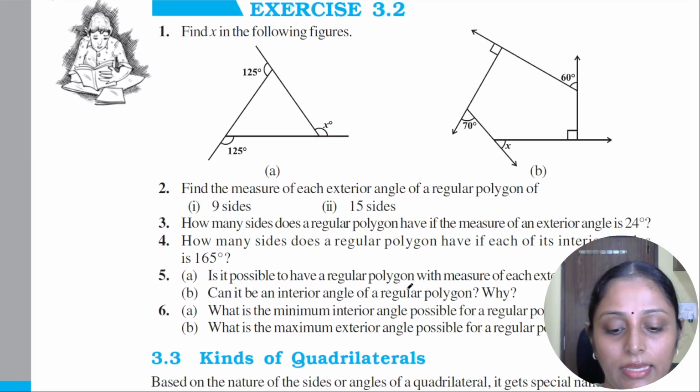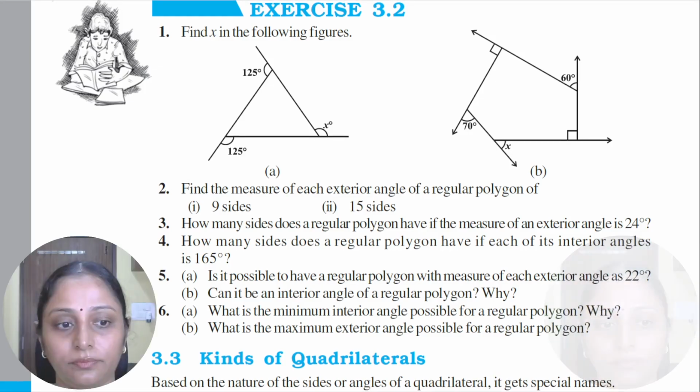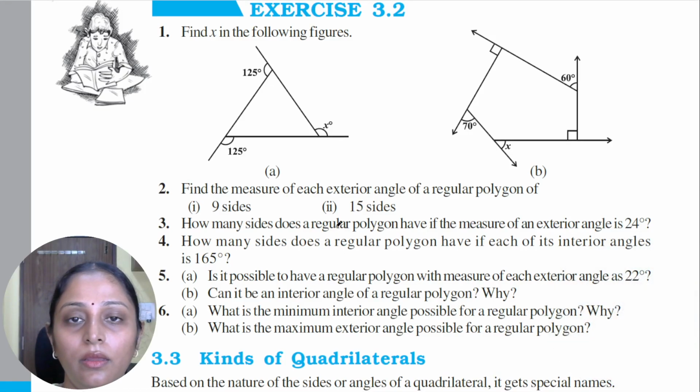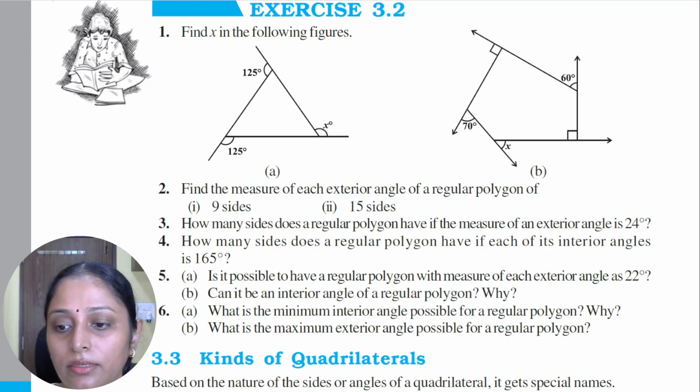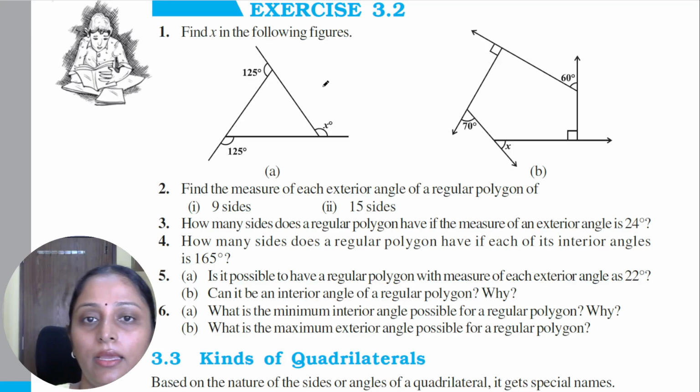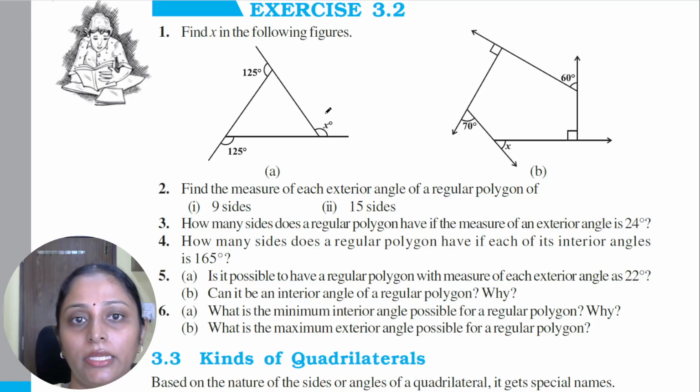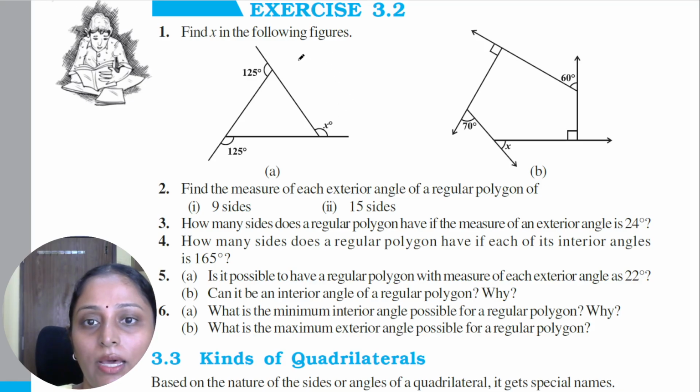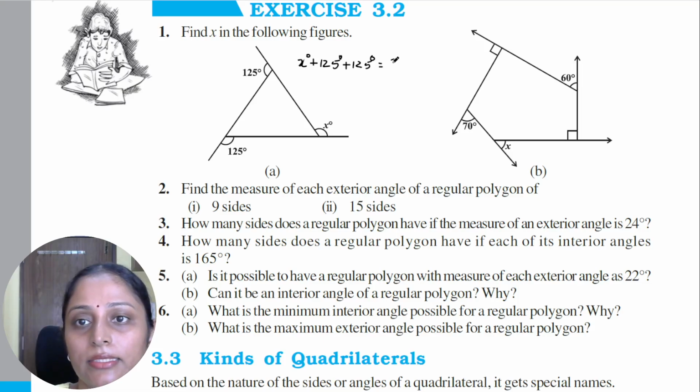Next in the exercise, the first question is find x in the following figures. So here you want to find x. We know the result, sum of the exterior angles of a polygon is 360 degrees. So for the first sum you have x plus 125 plus 125, which is the sum of the exterior angles, equal to 360 degrees.